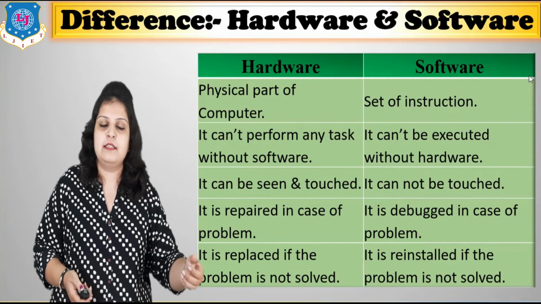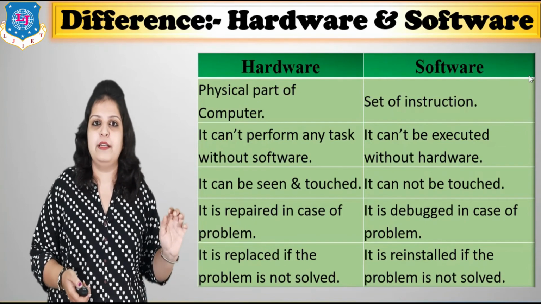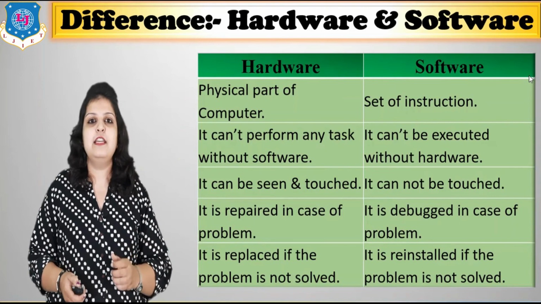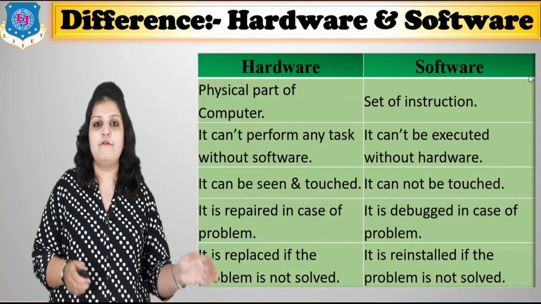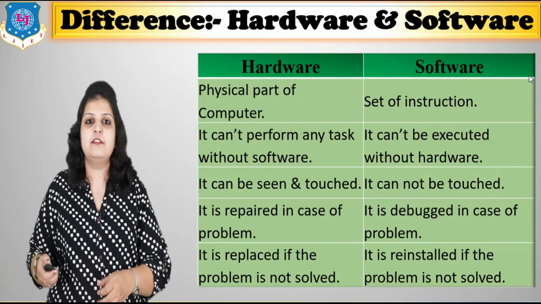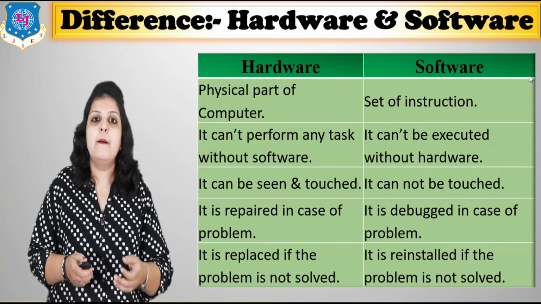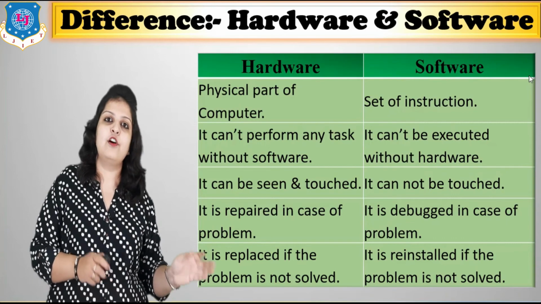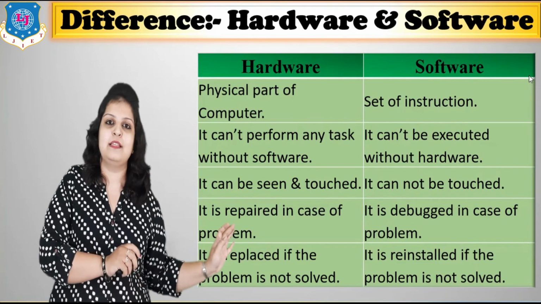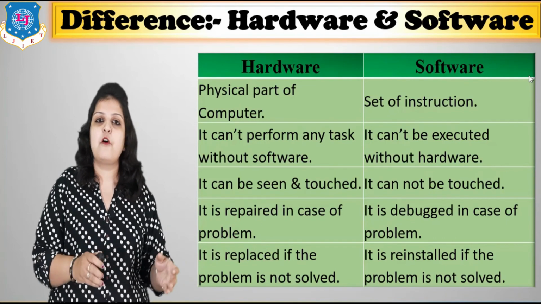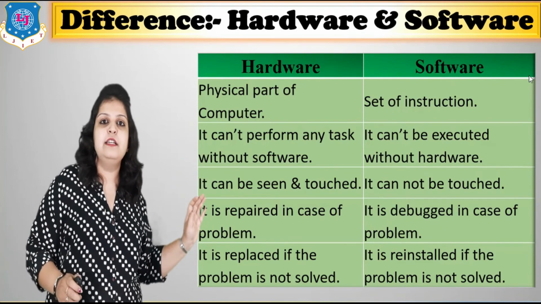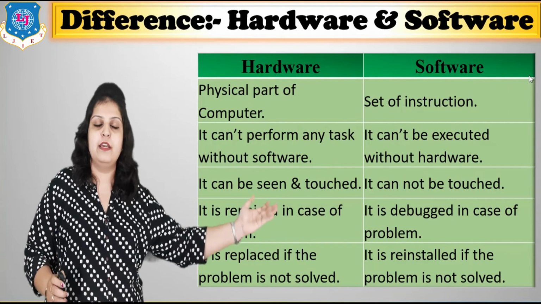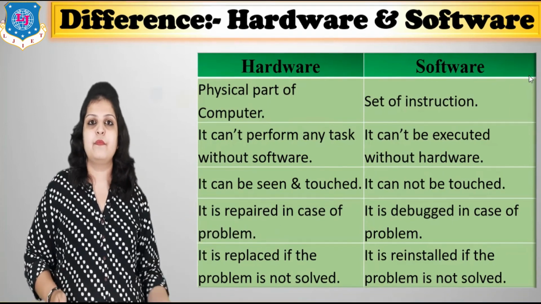Like operating system, we can't touch the operating system. Hardware is repaired in case of any problem occurred, and software is debugged in case of any problem. And if your problem is not solved, then hardware can be replaced, but software can be reinstalled. So these all are the difference between hardware and software.